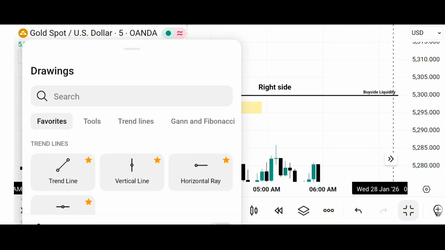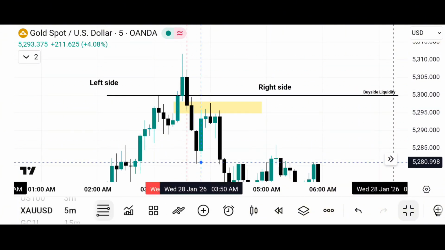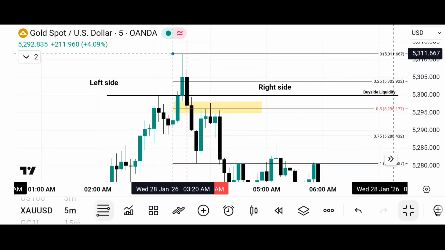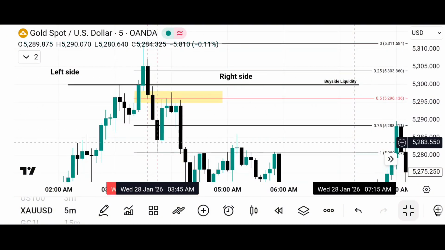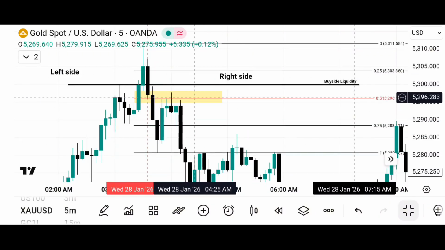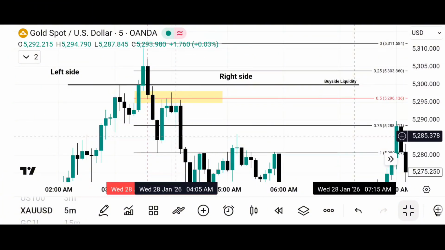How is it acting as premium? Let's look at this price leg right here. On this price leg, this down movement, this drop in price, like I said, this red line is a midpoint. Up here is premium and down here is discount.